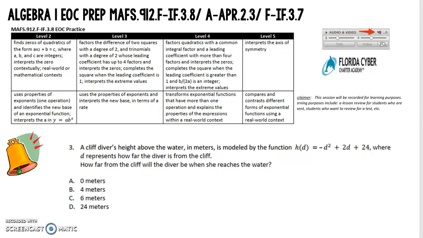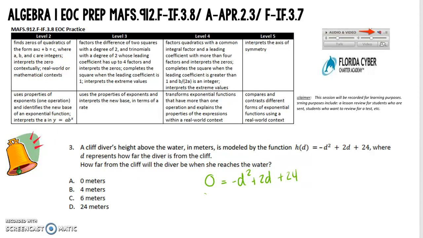To answer this, we need to factor. Remember, to factor we have to set everything equal to 0 and solve.